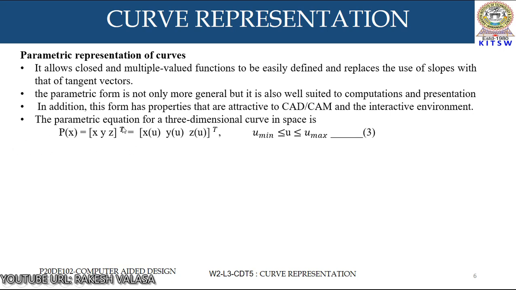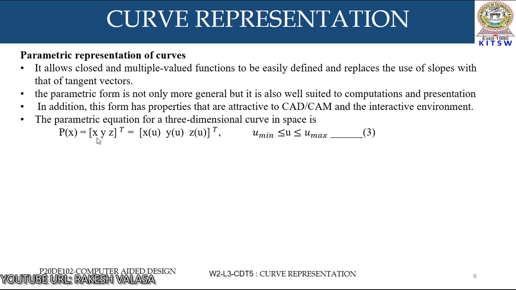The parametric equation for a three-dimensional curve in space is, let us take one curve, and you can locate one point on the curve. The point is in the Cartesian space, that is taken as P of x comma y comma z, transpose.